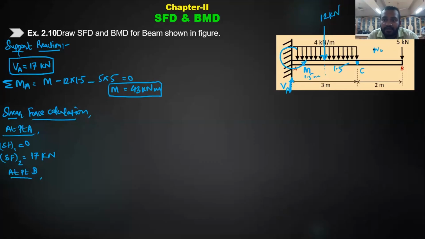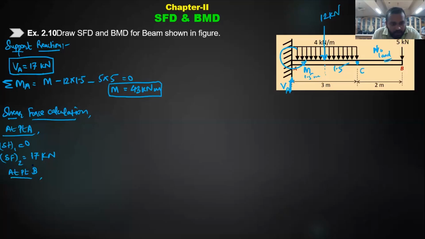Sometimes such questions can come in exams where the point is not given, so you cannot claim that it was not given and that's why you didn't consider it. You are the analyzer of this problem, so you have to identify whether to consider that point or not. So I have to consider this point, that is why I'm finding point C.